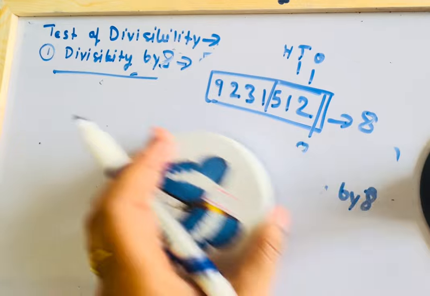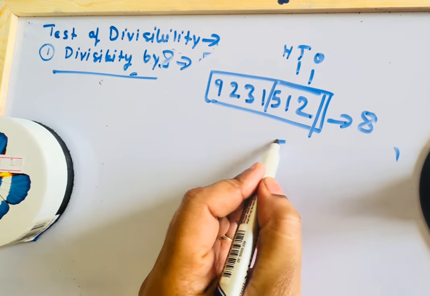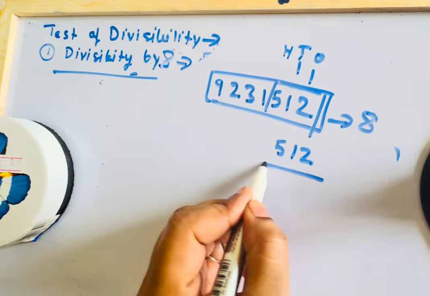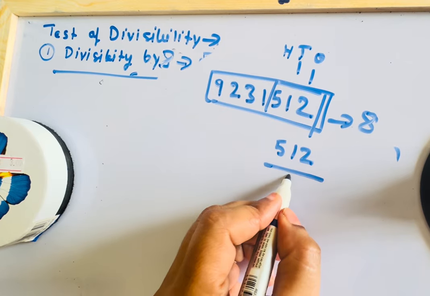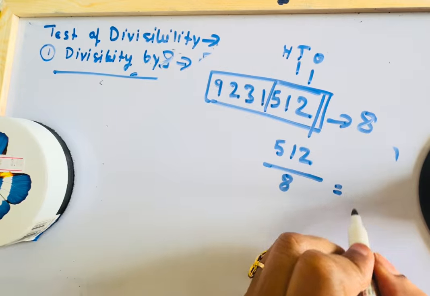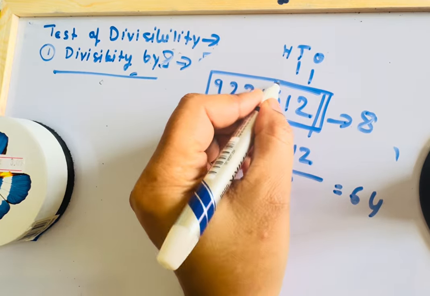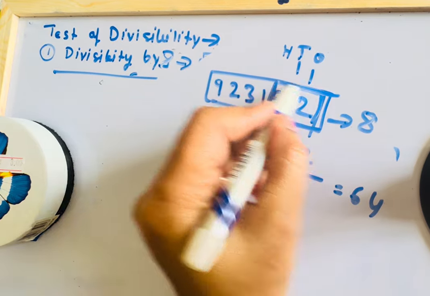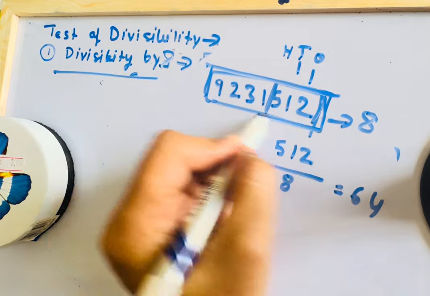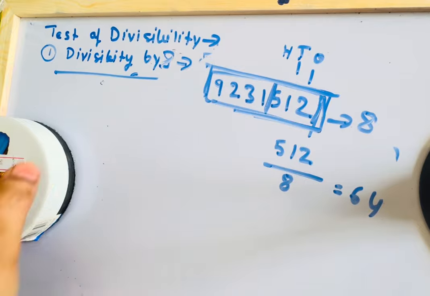How to check? What are the last three digits? See, is this number divisible by 8 or not? That number is divisible by 8. It means that number is divisible by 8.